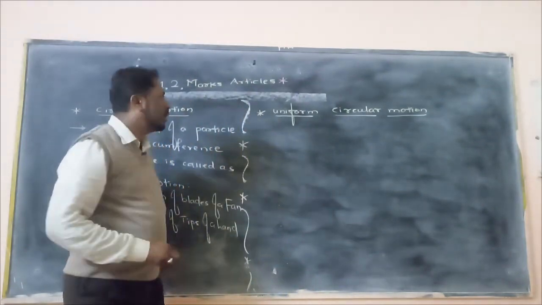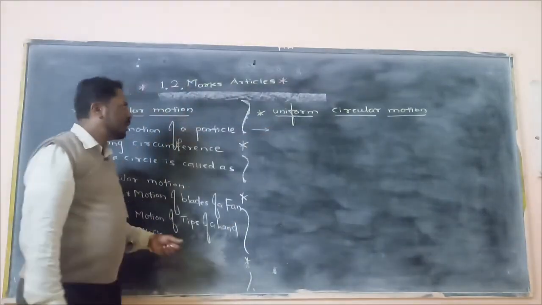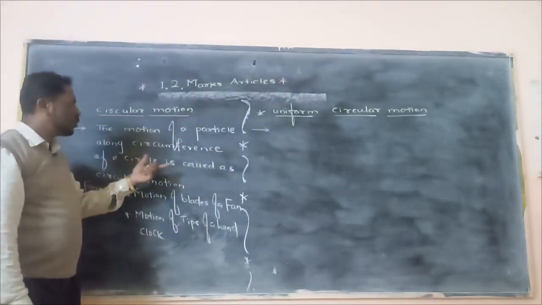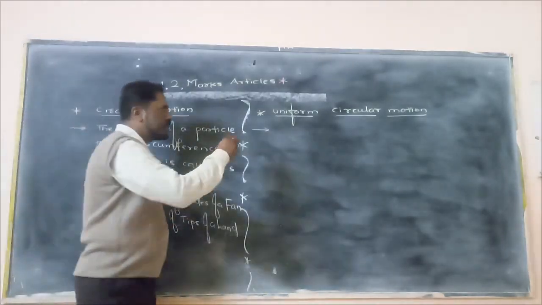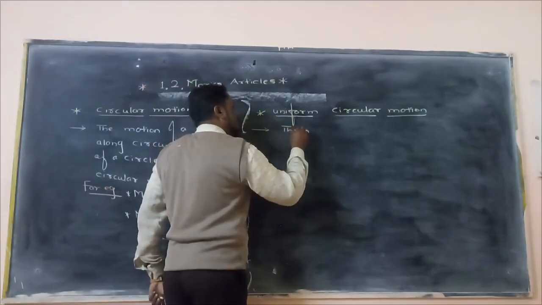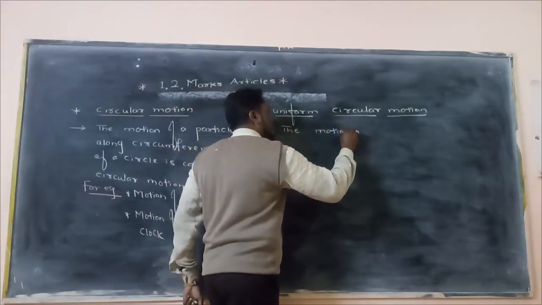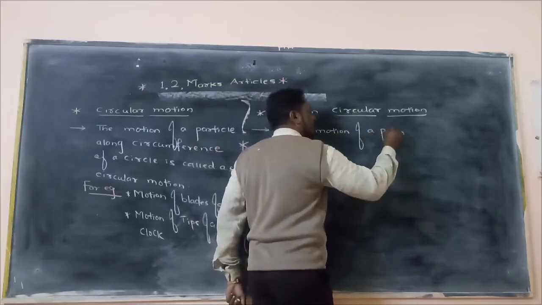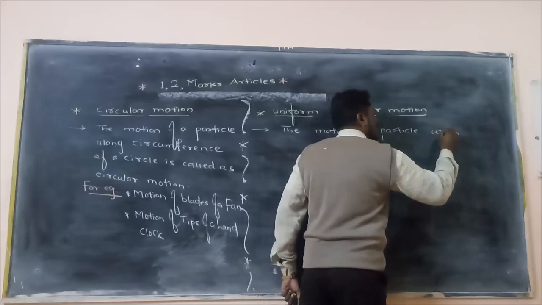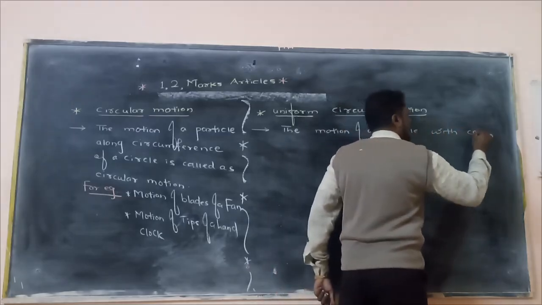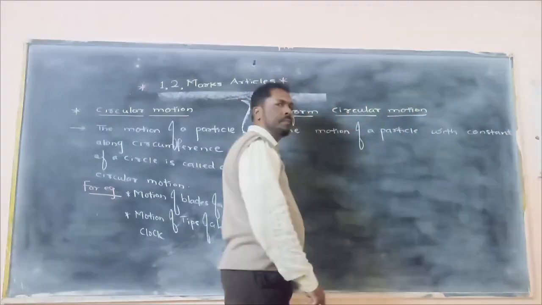We are well familiar with circular motion: the motion of a particle along the circumference of a circle. It is the same here, but the important change is that the motion of a particle is with a constant speed. This is the difference.